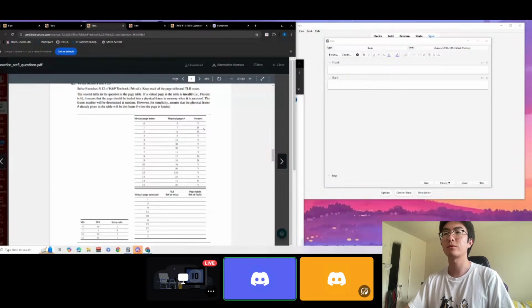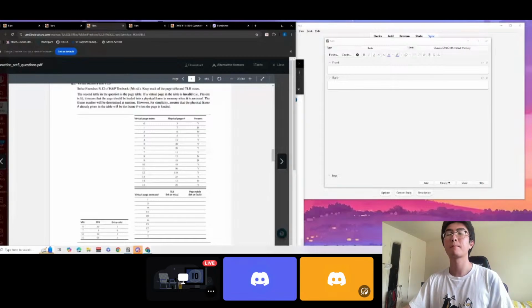That's where this comes from. It means that the page should be loaded into a physical frame in memory when it is accessed. Okay. Frame number will be determined at runtime.